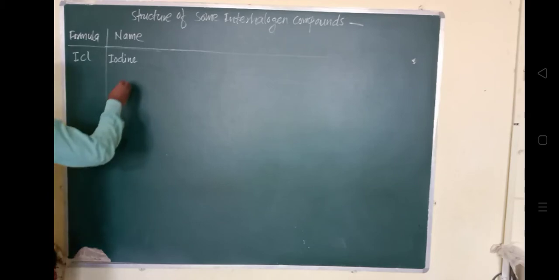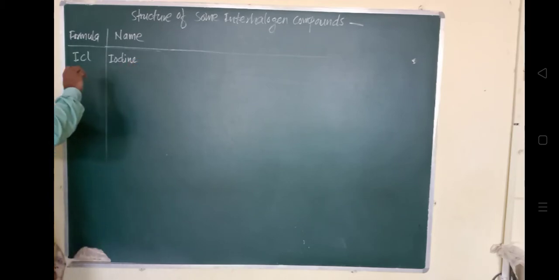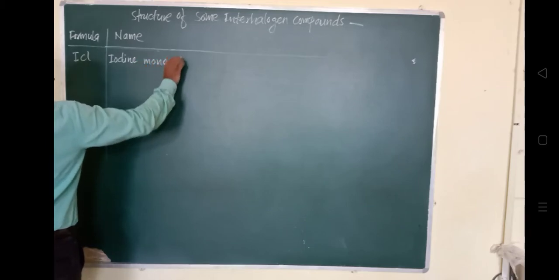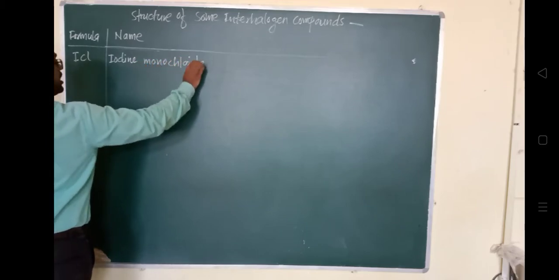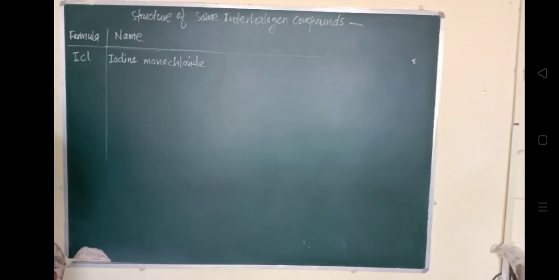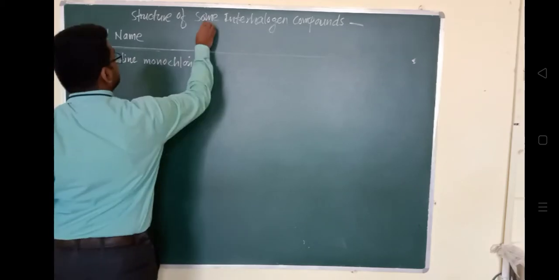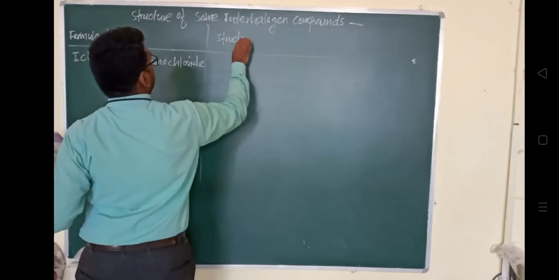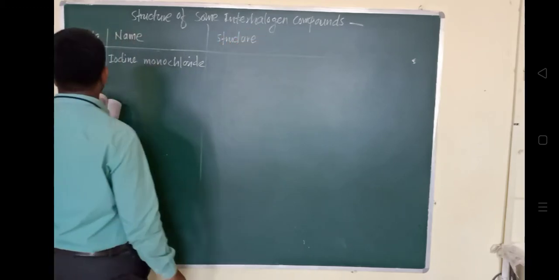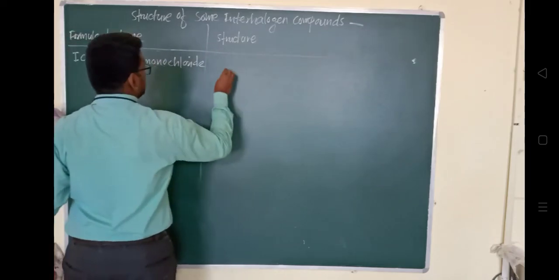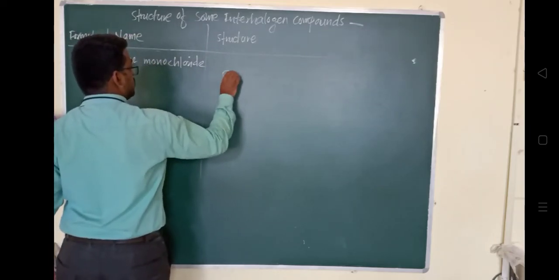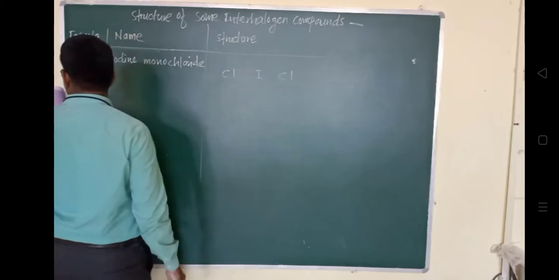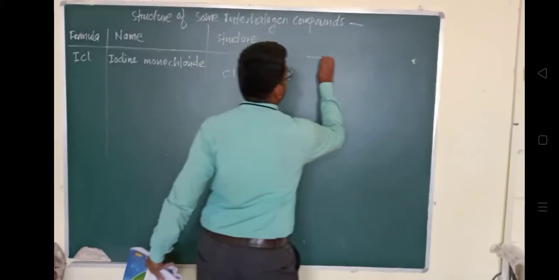we'll draw here chlorine, iodine and chlorine, and lastly write down the shape. Here 1 2, then 3 4 5 6, and here it is 7. Similarly, 1 2 3 4 5 6 7. There is a single bond like this. आप देख सकते हो ऐसे bonding रहेगी यहाँ पे.